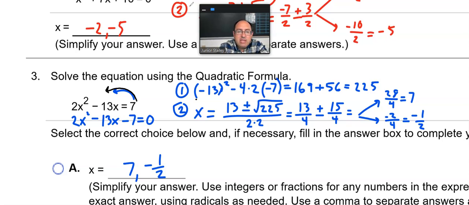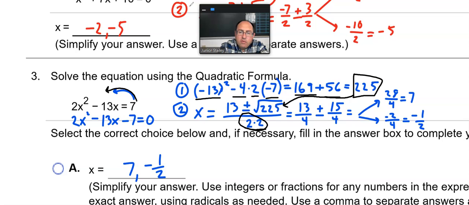All right, so b squared, that's negative 13, quantity squared, minus 4 times a times c. Ooh, that's ugliness. So we got 169 plus 56, which is 225. Obviously that's going under the radical. So the opposite of b, plus or minus the radical of 225, all over 2 times 2, which is 4.